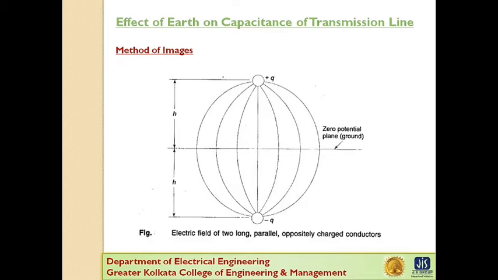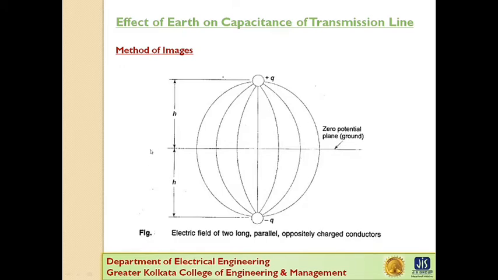The electric field of two long parallel conductors charged plus q and minus q per unit length is such that it has a zero potential plane midway between the conductors, as you can see in this picture: plus q and minus q per unit charge are placed in such a way that it has zero potential plane midway between the conductors.